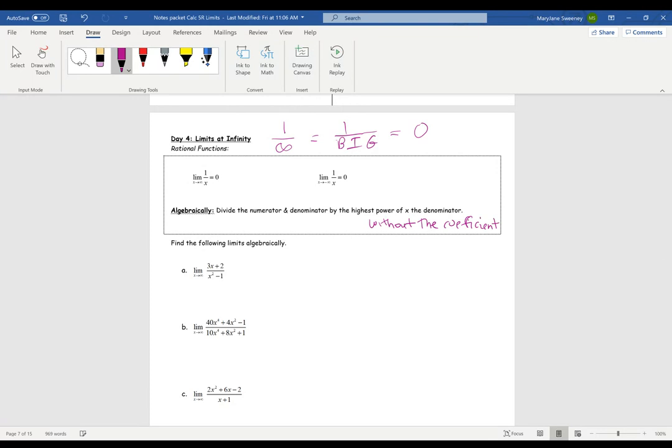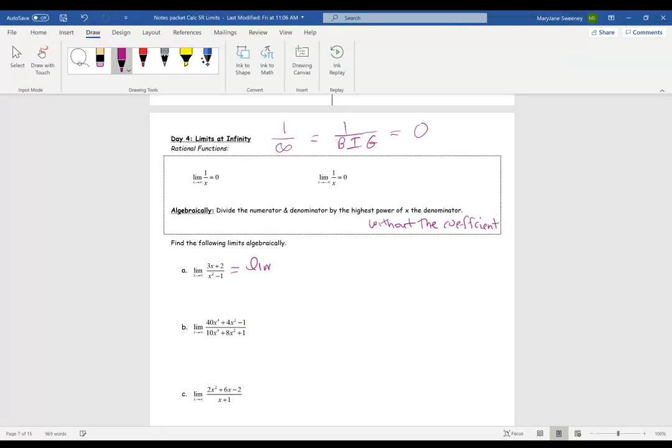Now, this might seem annoying to some of you because last year, you did a shortcut, leading over leading, to find a limit at infinity. You could still check your answer that way, but we're required for our course to show it in this specific way.